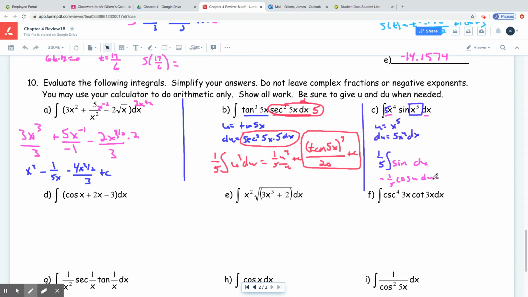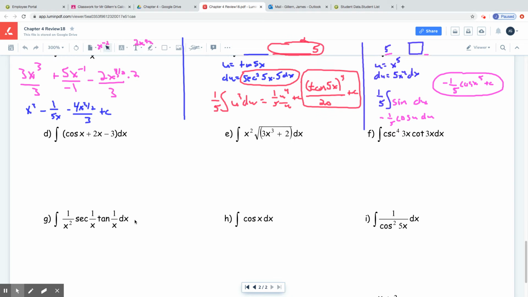Then you just substitute your u, and you get negative 1/5 cosine of x to the 5th, plus c. There's your answer.